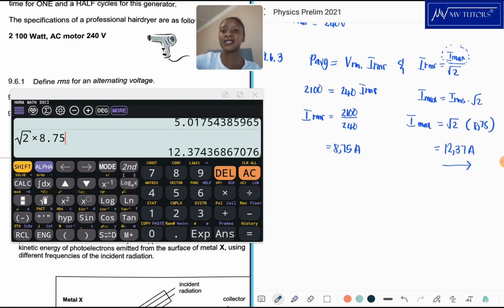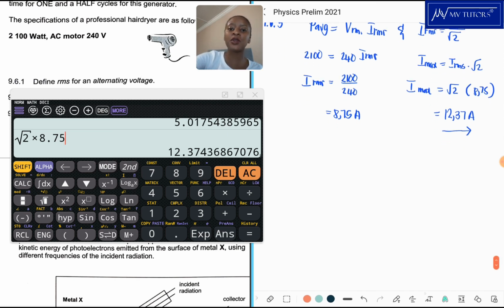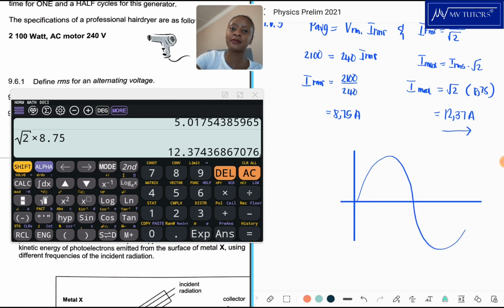Okay, AC current. If you were to have your graph of current against time, and you were looking at the maximum current there, that would be 12.37, but the root mean square stands somewhere here, which should be 8.75.